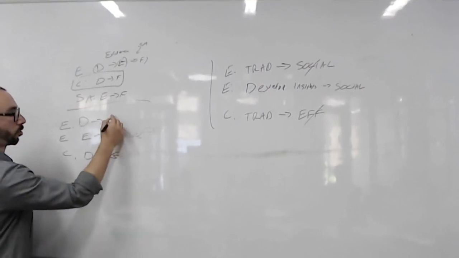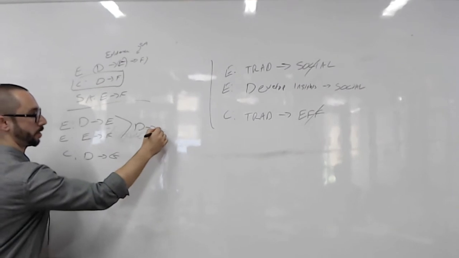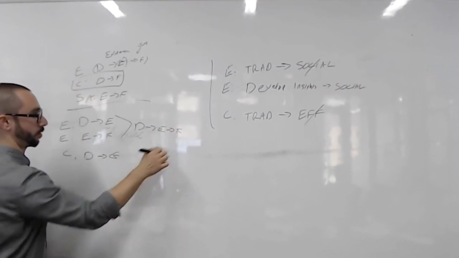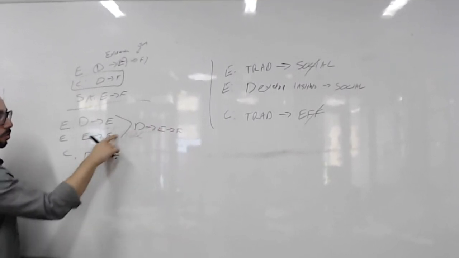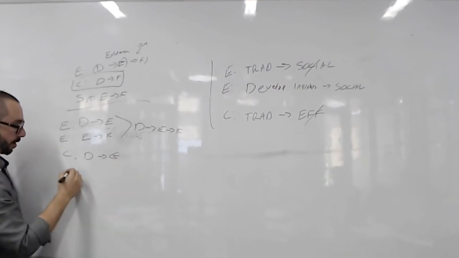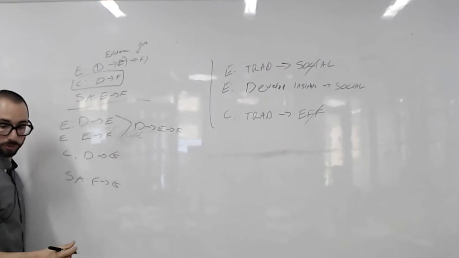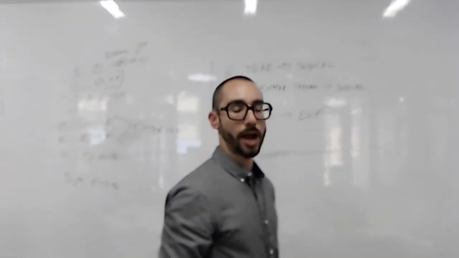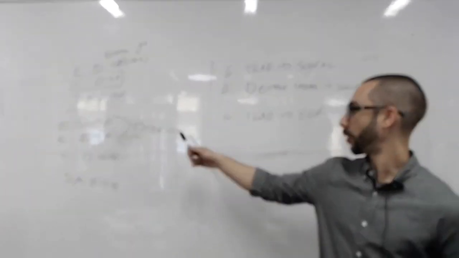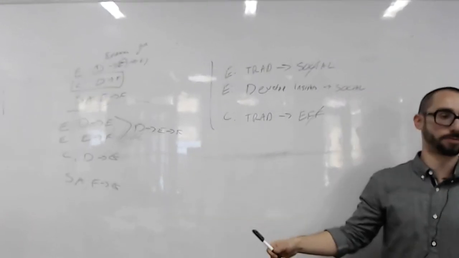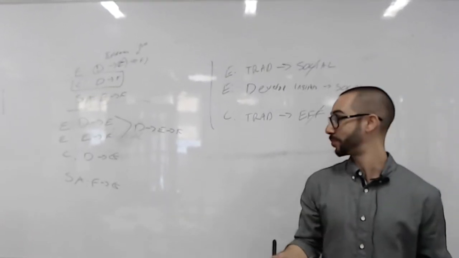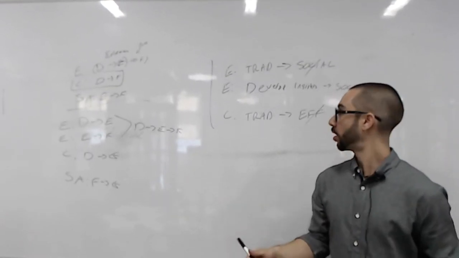So you'll have longer chain, D to E to F, then D is common to both. You insert the new one, F arrow G, would become your sufficient assumption. So the idea is that it doesn't really matter how many parts you have. The logic is the same. You just have to link them together regardless.